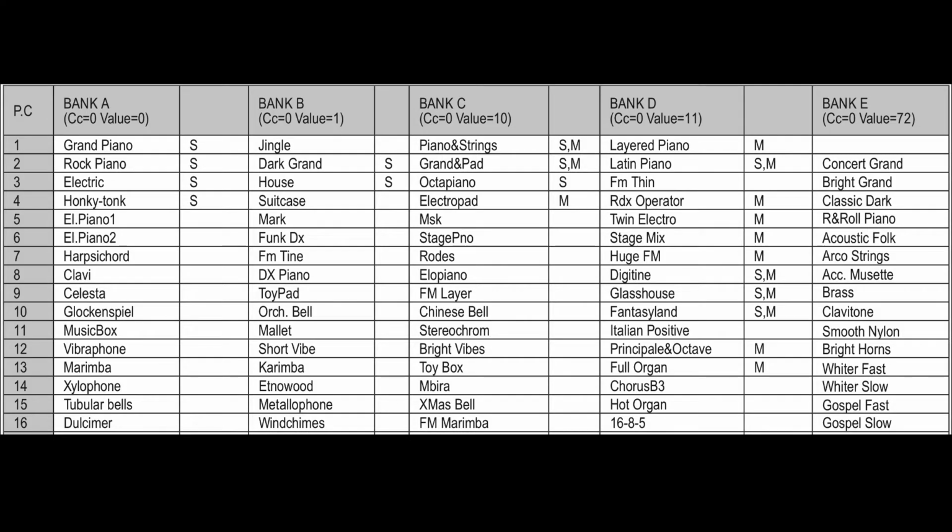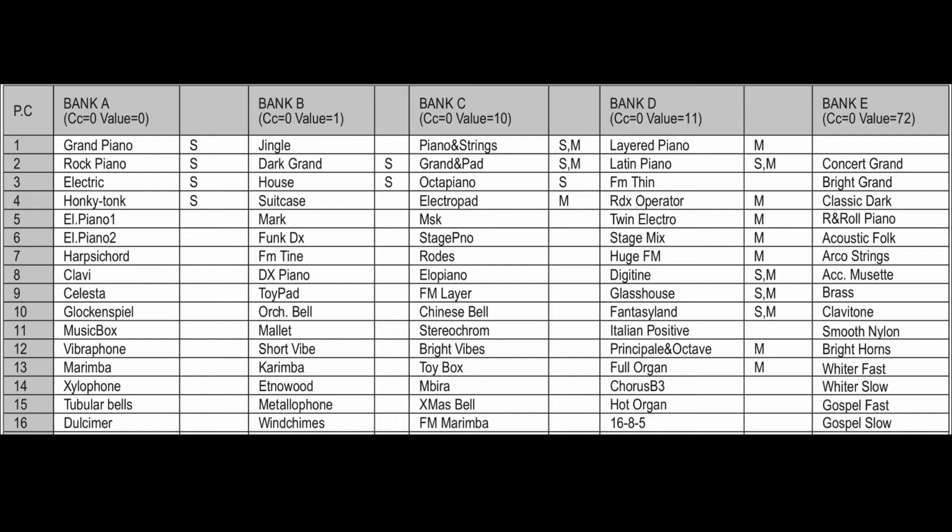So what you're looking at now is something called the SD40 technical data sheet. What's important is you notice there's bank A, B, C, D, and E. Over on the far left you see program change, 1, 2, 3, etc. And then again across the top you see a value of 0, 1, 10, 11, and 72.